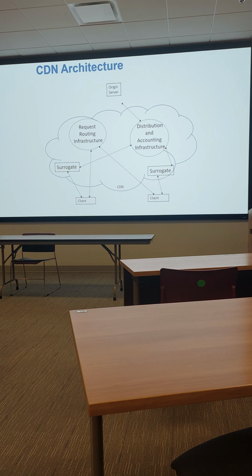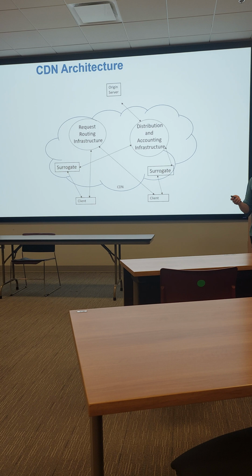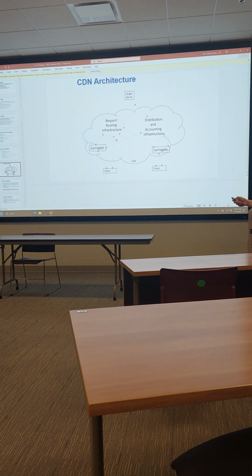So here, request routing, distribution, and accounting infrastructure. The CDN has its own infrastructure network. You might think the client just needs to find the closest server and get the content, but in order to provide the closest one and do all the billing behind it, they have to have these infrastructures: request routing, distribution infrastructure, and accounting infrastructure.